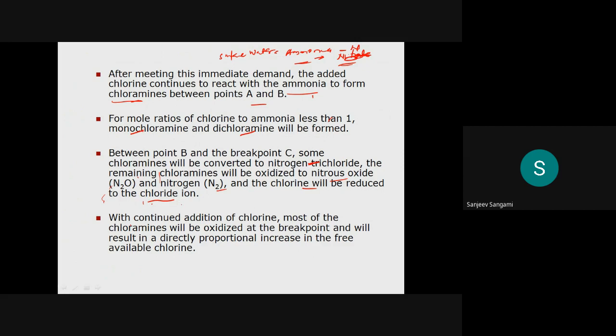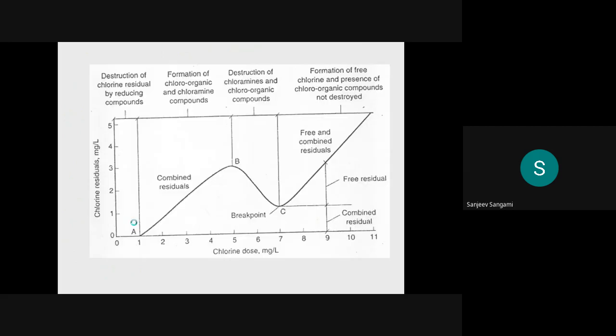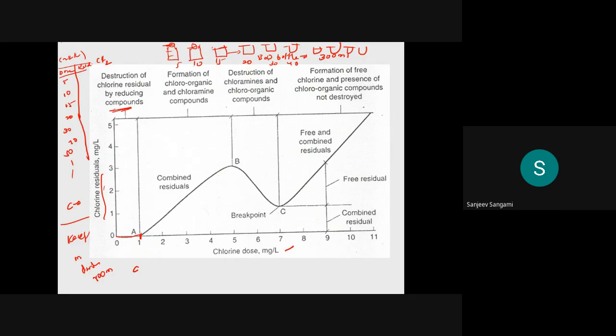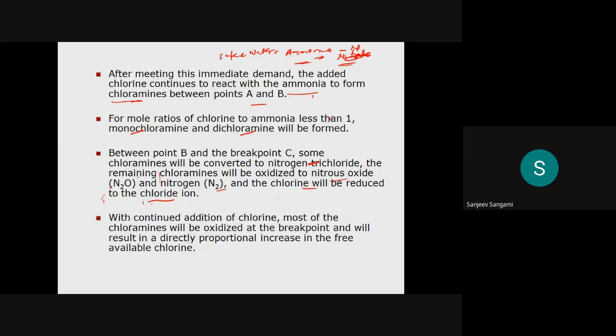At point C, the chlorine is reduced to chloride ion. With the continued addition of chlorine, most of the chloramines will oxidize at the breakpoint and will result in a direct increase in the free available chlorine.